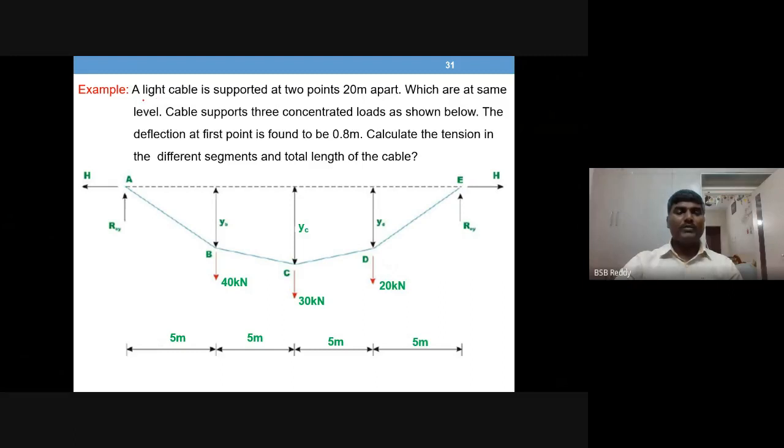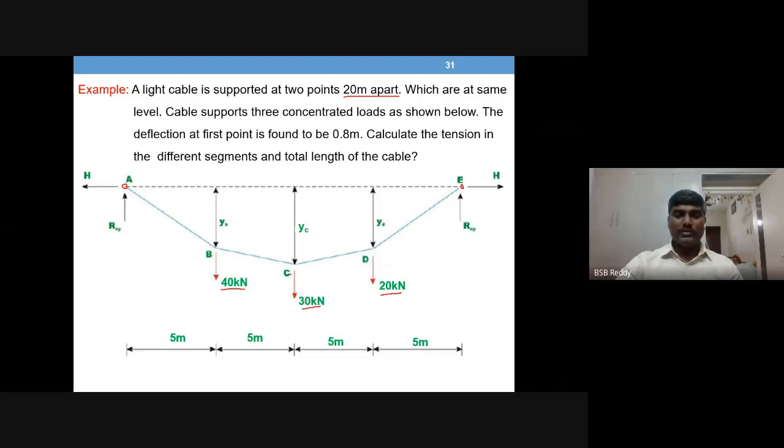Okay. So a light cable is supported at 2 points 20 meters apart. The distance between the supports, this one and this one, is 20 meters, which are at the same level. The cable supports three concentrated loads as shown below: 40, 30 and 20 at equidistant points.